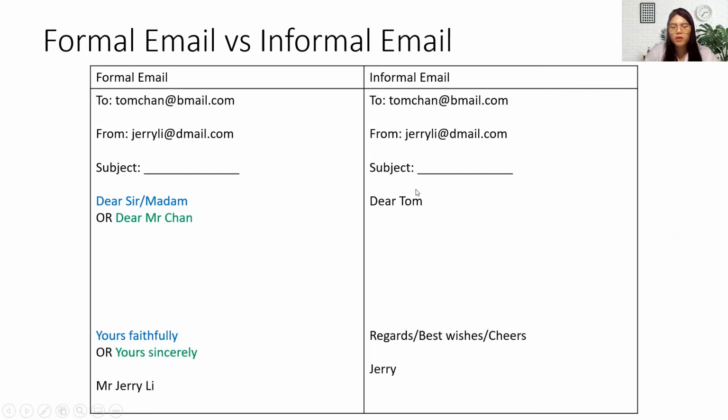Whereas for an informal email, say you are addressing Tom, who is your cousin or your friend, you will not need a Mr. And your ending, similar to your informal letter, will be regards, best wishes, or cheers, something that's more friendly, and you just simply end off with your first name, such as Jerry here.